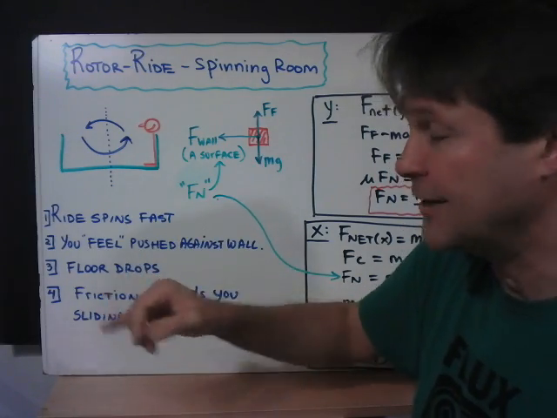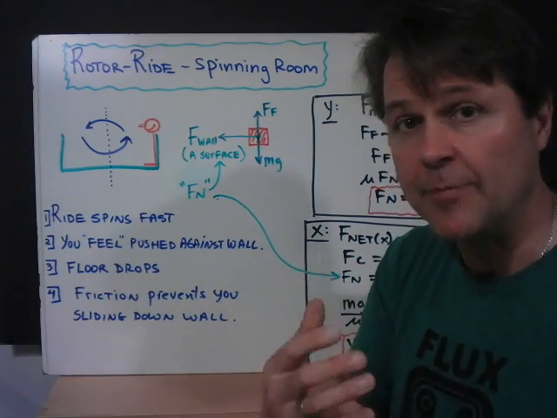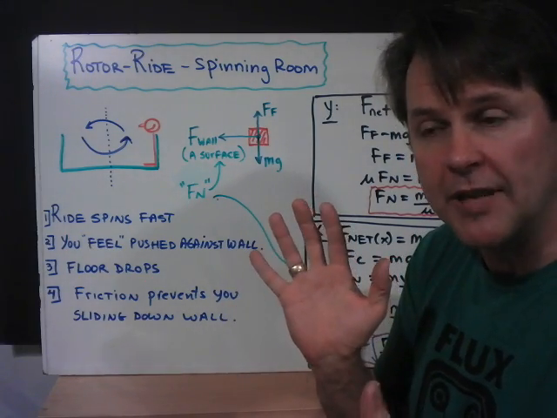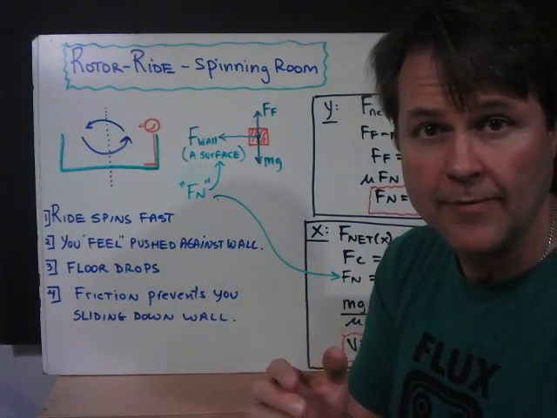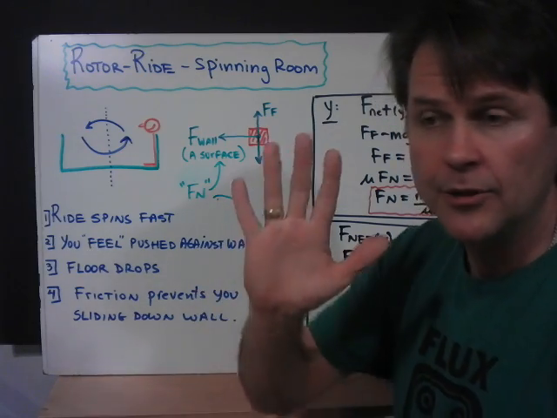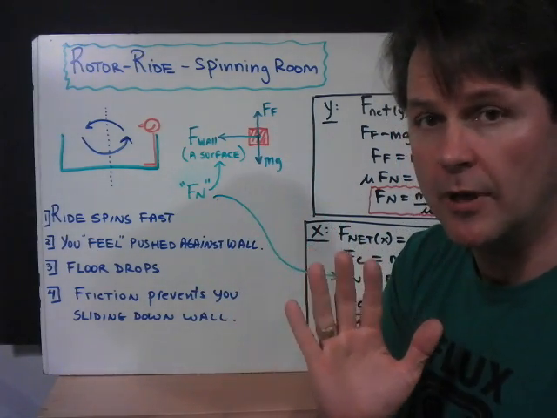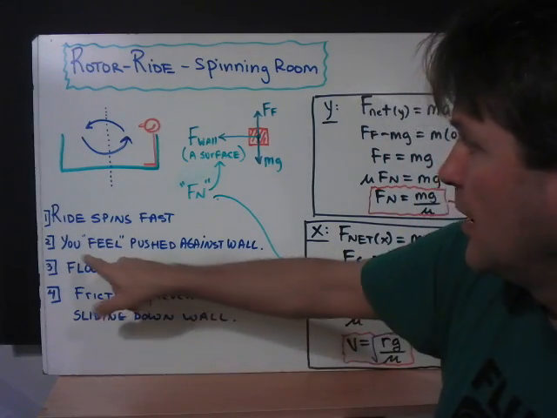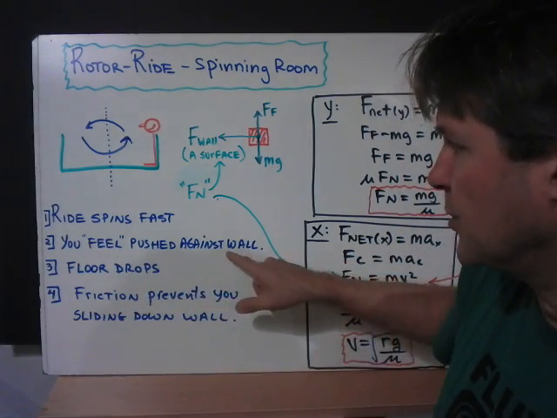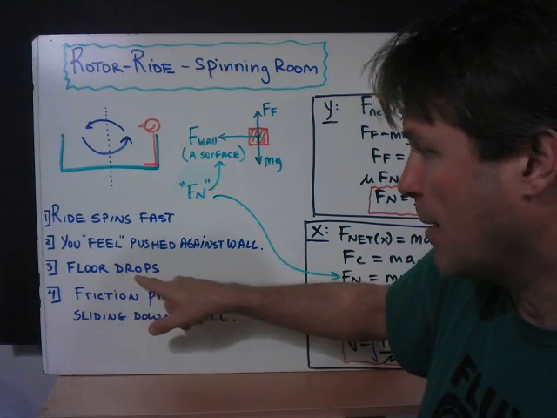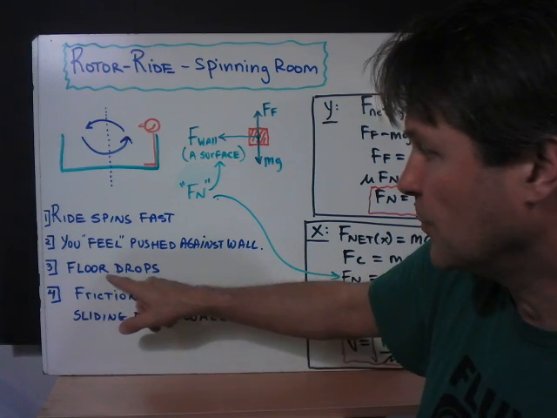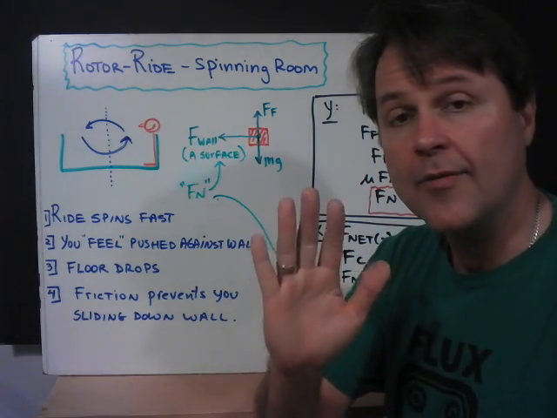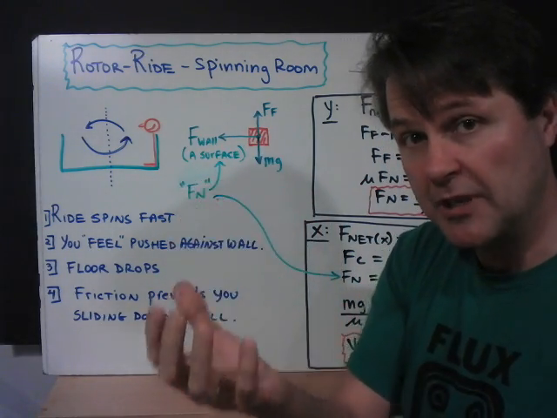Once it's spinning fast, you have this sensation of being thrown outward, where in effect what's happening is the wall is actually forcing you to travel with it in a circle, so you feel the push of the wall on your back. You just interpret that as being thrown outwards. So you feel pushed against the wall, the floor drops, and when the floor drops, there's enough friction between you and the wall to prevent you from sliding downwards.